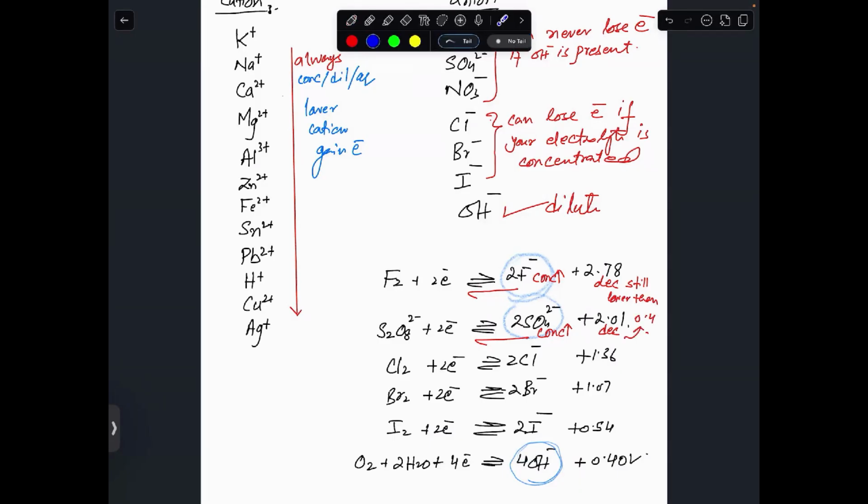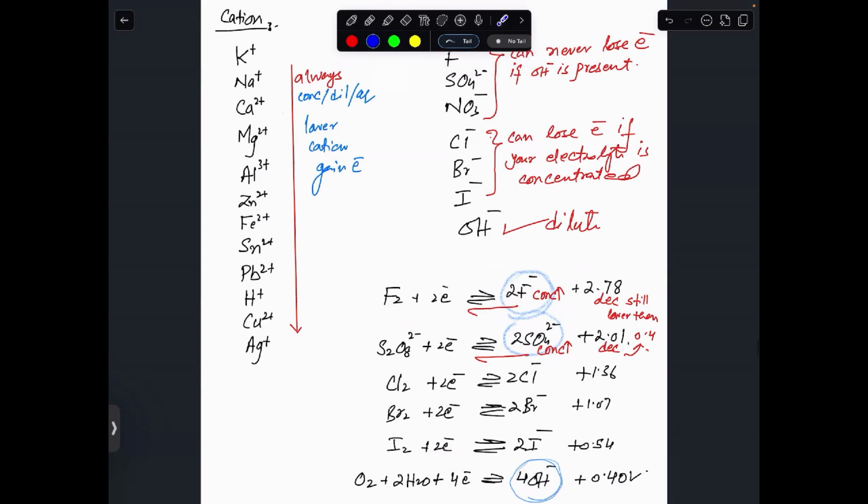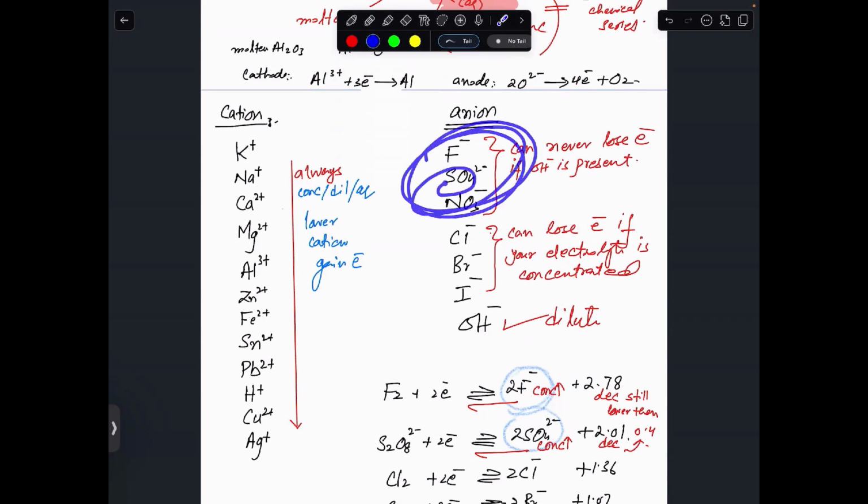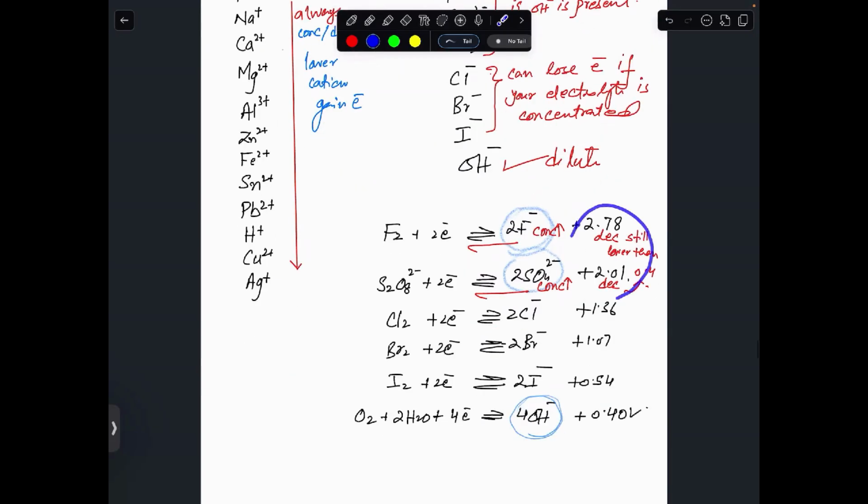So do you think even if I make them more concentrated, and shift the equilibrium to the left, they are going to lose electron if OH is there? These three, their E0 values are so large that even if you increase their concentration, you can't bring their E0 lower than 0.4. So they're not going to lose electron if OH is there.